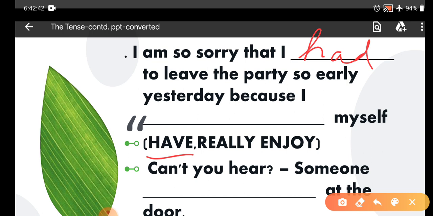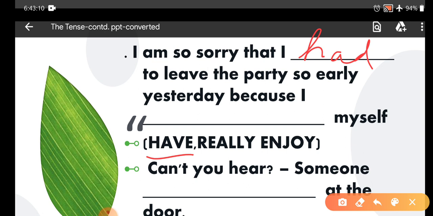Now students, when you fill in these sentences, look for the clues. I am so sorry that I had to leave the party so early yesterday because was I enjoying myself or not? So the clue is you feel sorry that you had to leave the party, which means you were actually not enjoying the party.